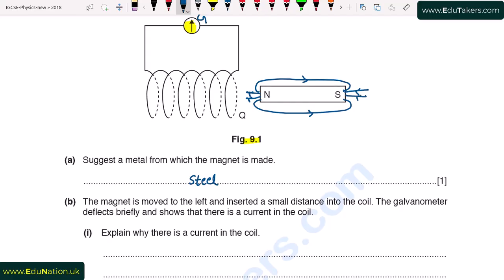When this magnet is moved towards the left, that is toward the coil, then some of these lines induce a magnetic field in the coil. So when there is an induced magnetic field in the coil, there will be the induced EMF, and due to this induced EMF, there is also the induced current that is detected by the galvanometer. So we can simply say that when the bar magnet is brought towards the left, then the coil cuts the magnetic lines of the bar magnet and induces the current.